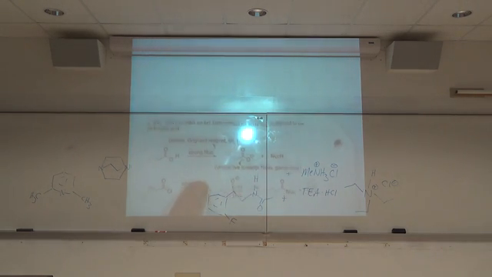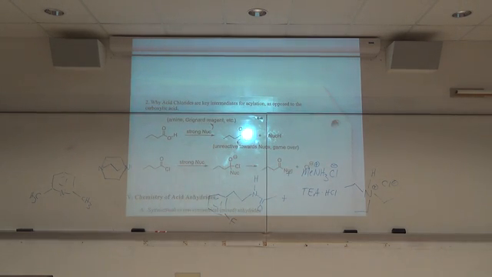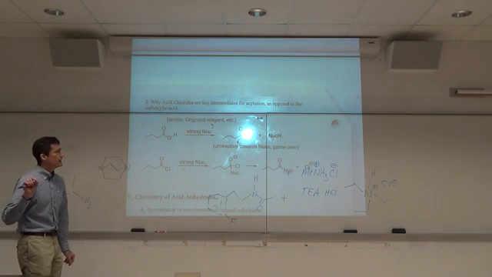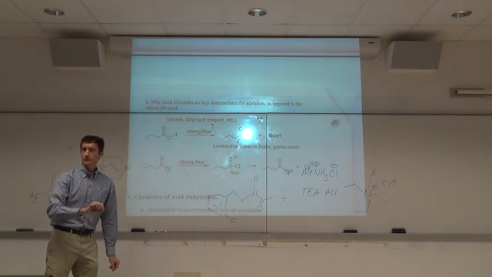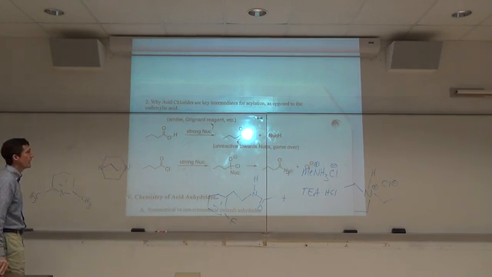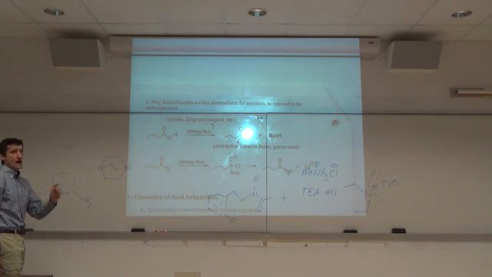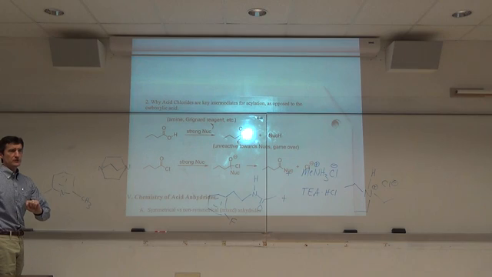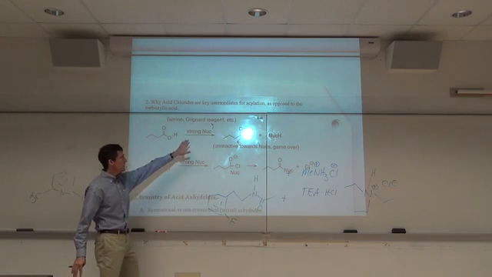Acid chlorides are great intermediates. They're key intermediates for making other acid derivatives. From the actual acid, it's very difficult to make other acid derivatives in a lot of cases, especially when you use a strong nucleophile.